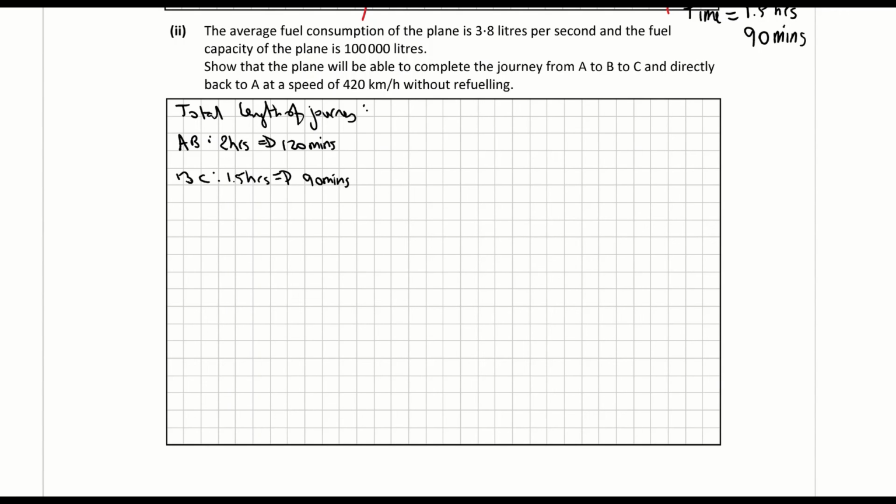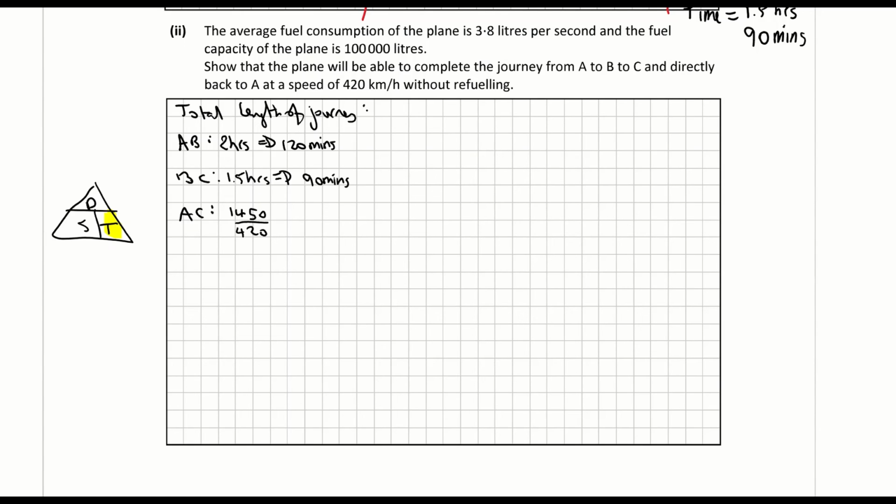And now from A to C. What's happening from A to C? Well, the distance from A to C is 1,450 kilometers. And if I divide that by the speed, 420, I'm focusing on my distance, speed and time triangle, and I'm trying to find time, which is found by dividing distance by speed.